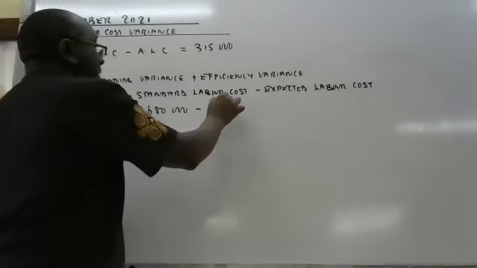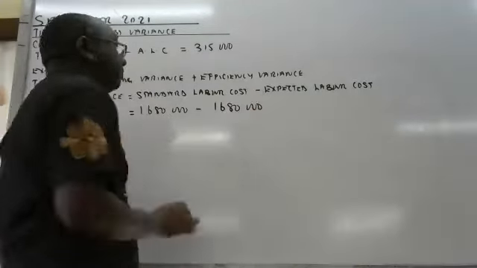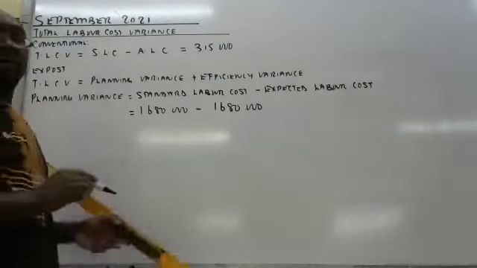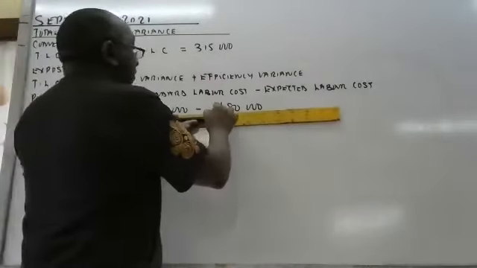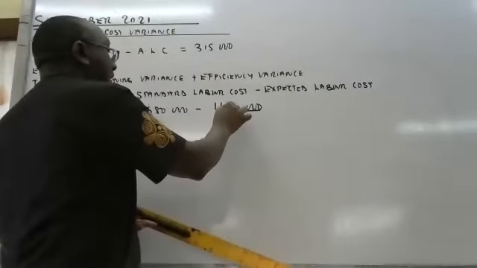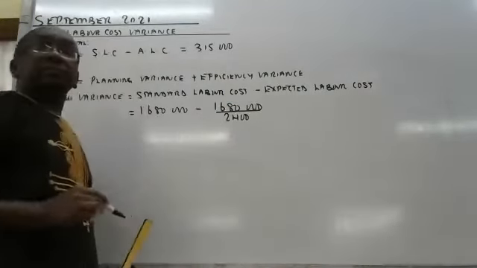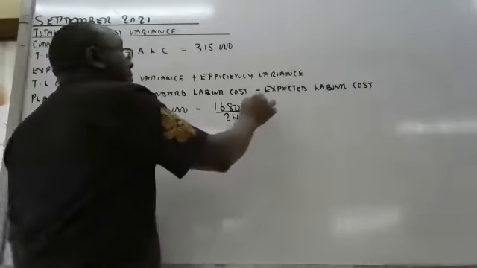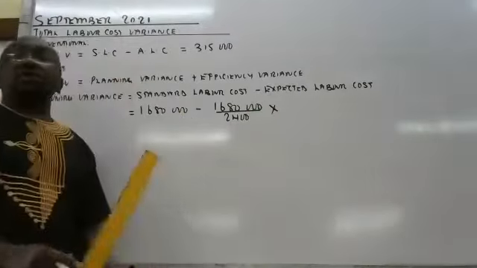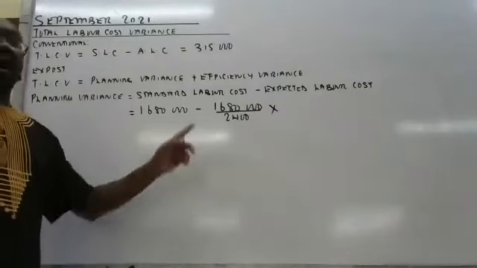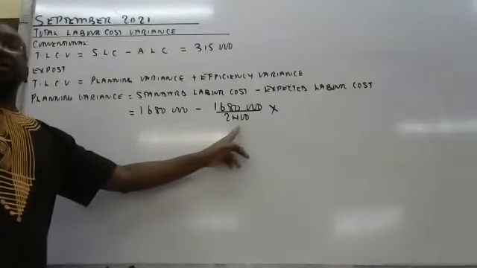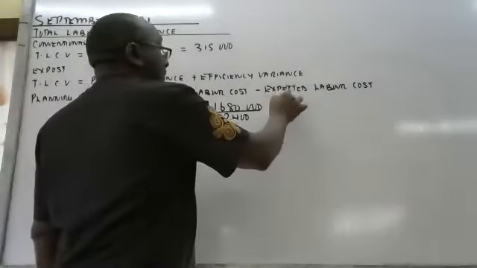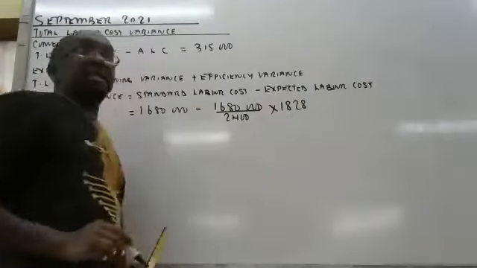According to our budget, we should have spent 1680, and this one was to be enough for 2,400 hours. But now, according to the computation we have done here of the running curves, the hours were not supposed to be 2,400, but they should have been 1828.